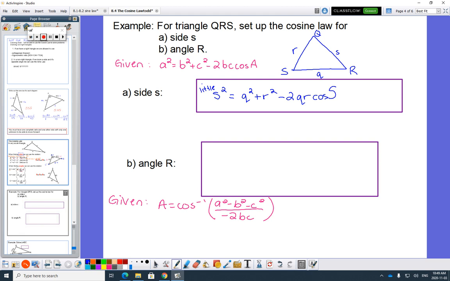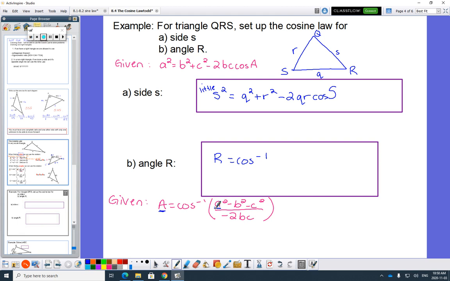So we're looking for A here, but we're asked to find R, so that's the angle we want. Just like the SOHCAHTOA, just like the sine law, when you're looking for an angle, you're going to do cos inverse, right, to get the angle. And we want, so this matches the first one.